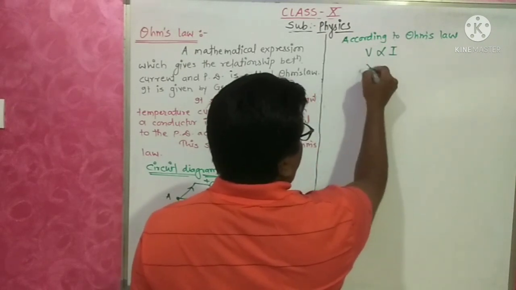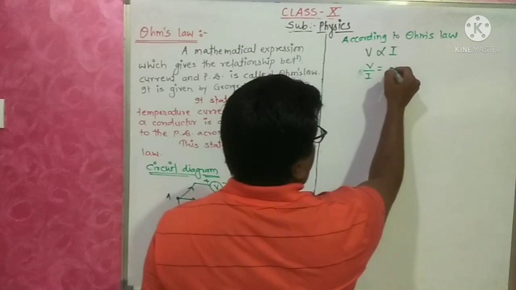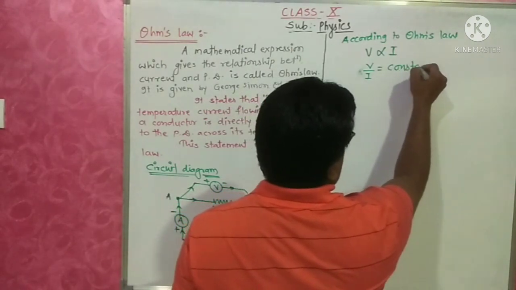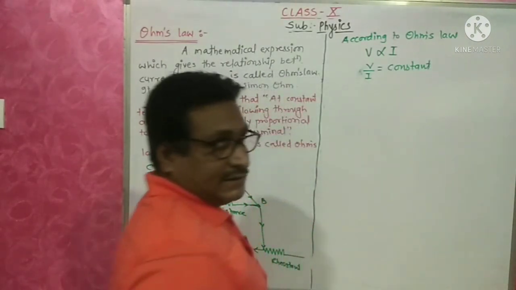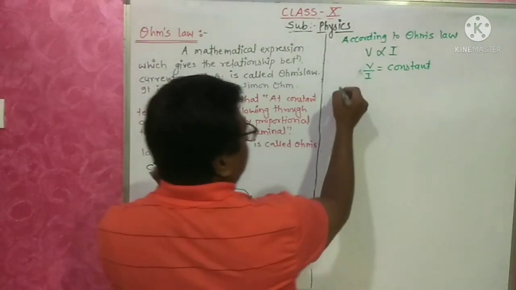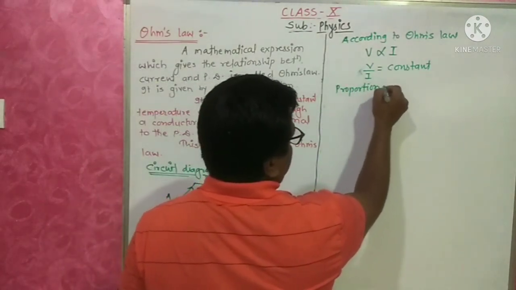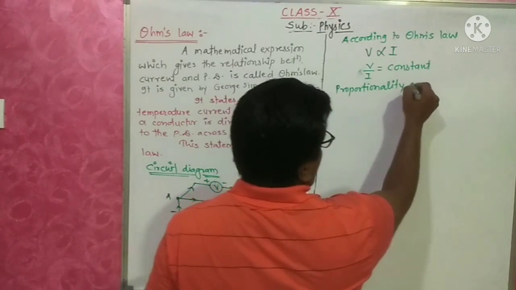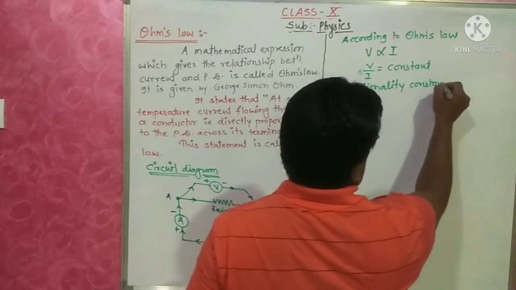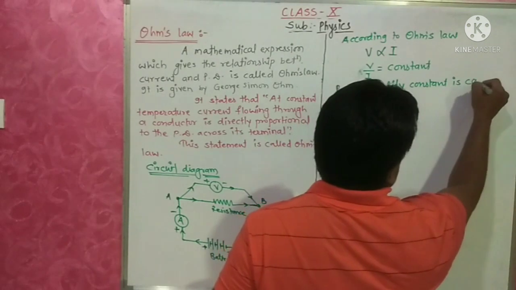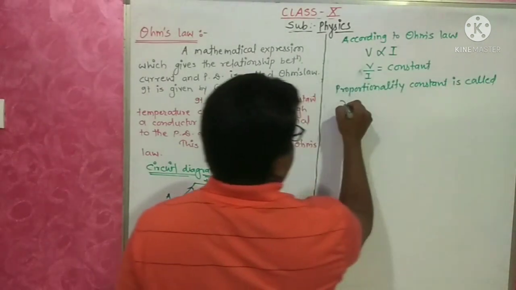So V by I equals a constant, and this proportionality constant is called resistance.